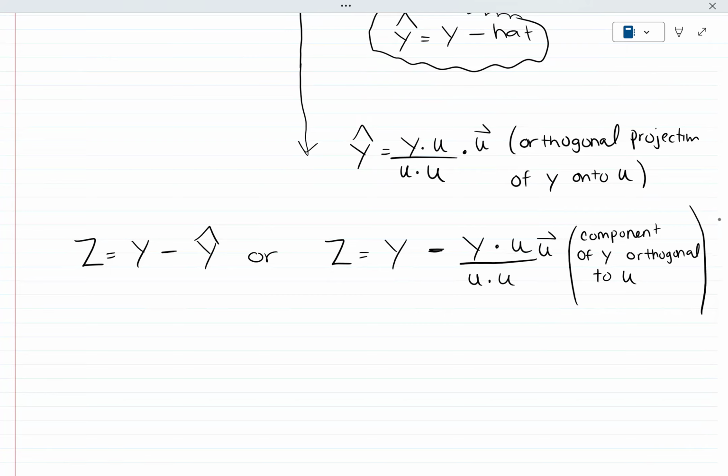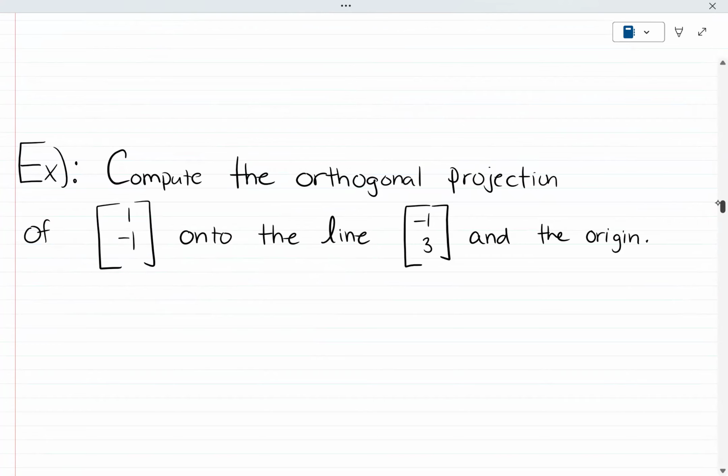So let's do an example to make this theorem more clear. So in this example, it says compute the orthogonal projection of the vector 1, -1 onto the line through -1, 3 and the origin.